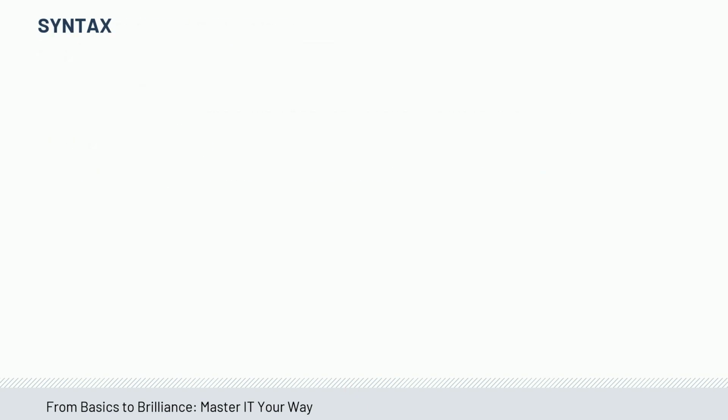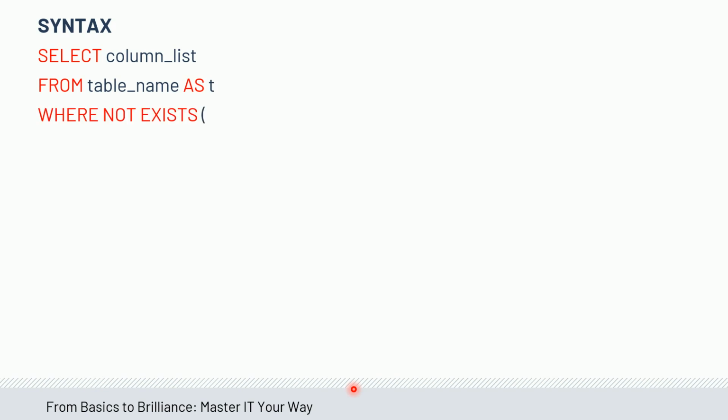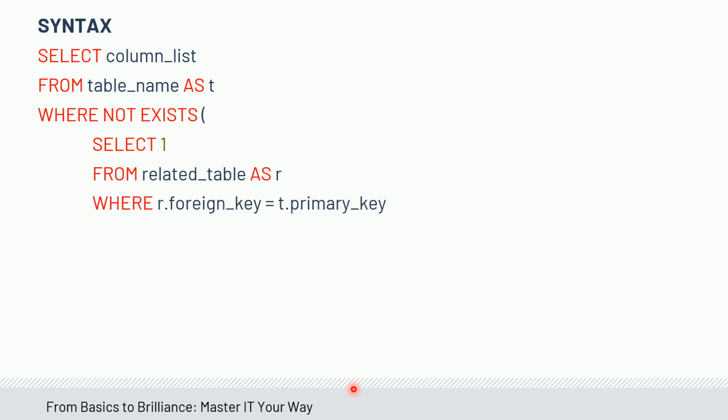So let's take a look at the syntax one more time. You select a column list, whichever number of columns you want, from the table name as T, where NOT EXISTS, then our inner query: select 1 from related table as R, where the foreign key from our related table is equal to the primary key of our main table.